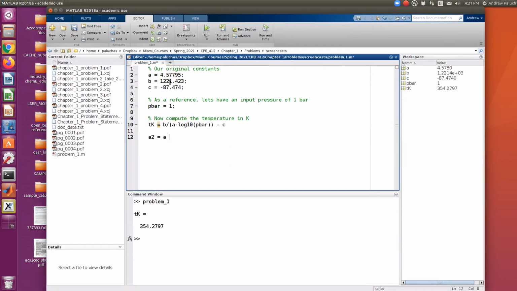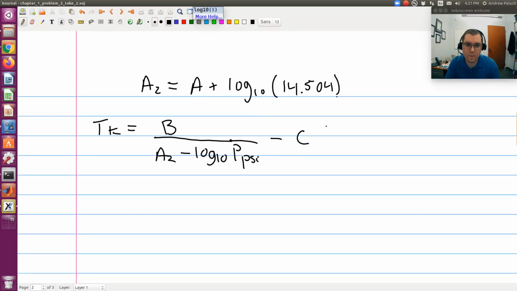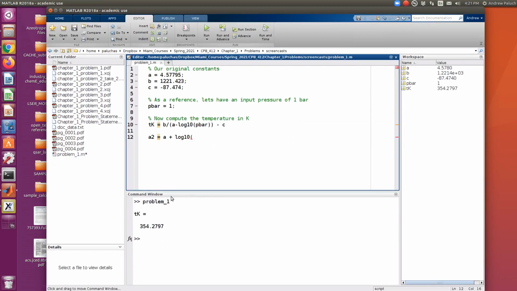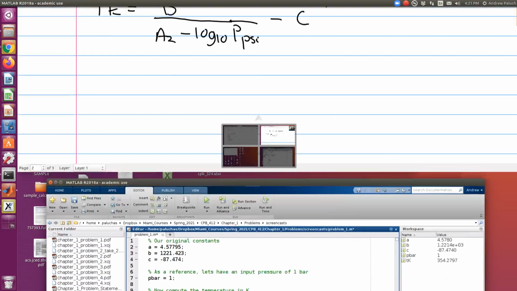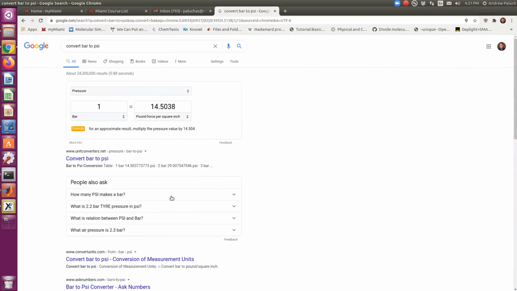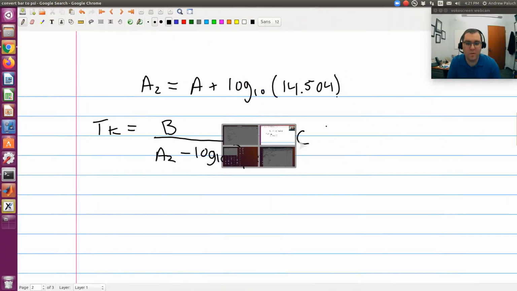A2 is going to be equal to A plus log 10 of 14.504. A trivial example, but again, we had said that 1 bar was equal to 14.504.